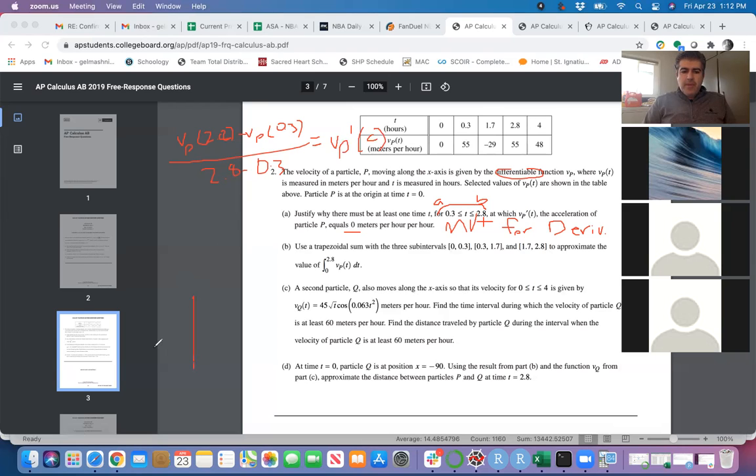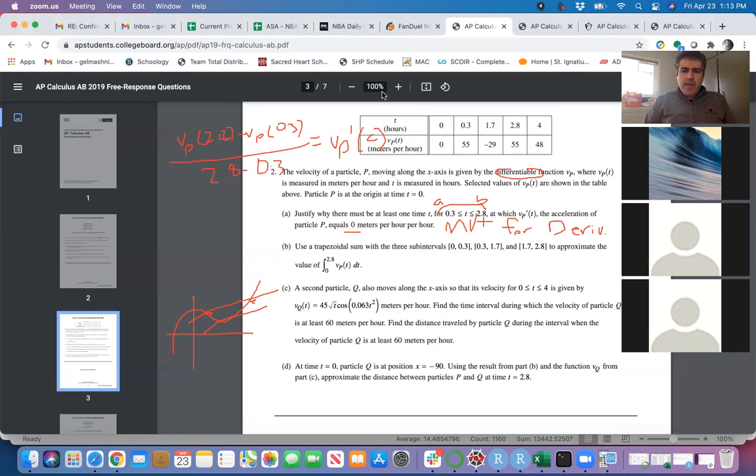And also if you think about graphically what's happening, you've got some sort of funky curve here, right? And if you were to find the secant line, there's going to be a tangent line with the same slope. That's what MVT is all about.